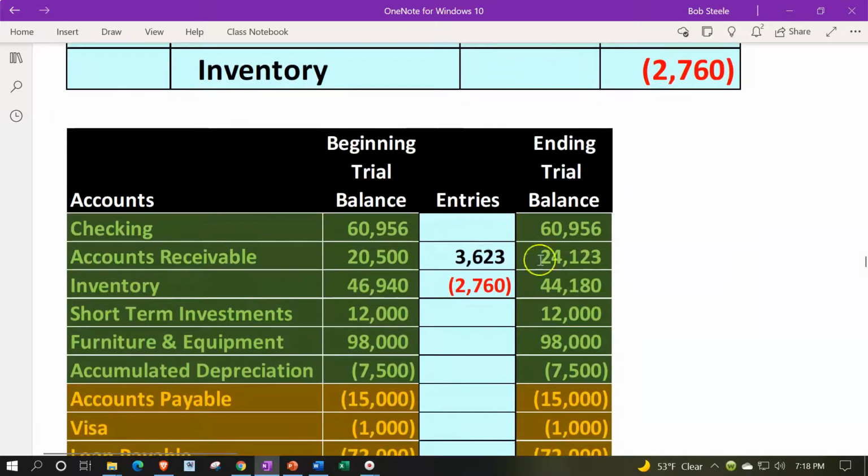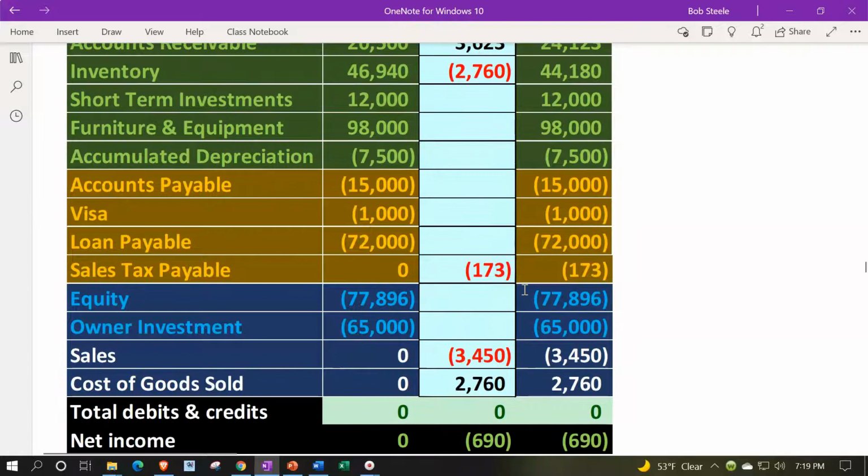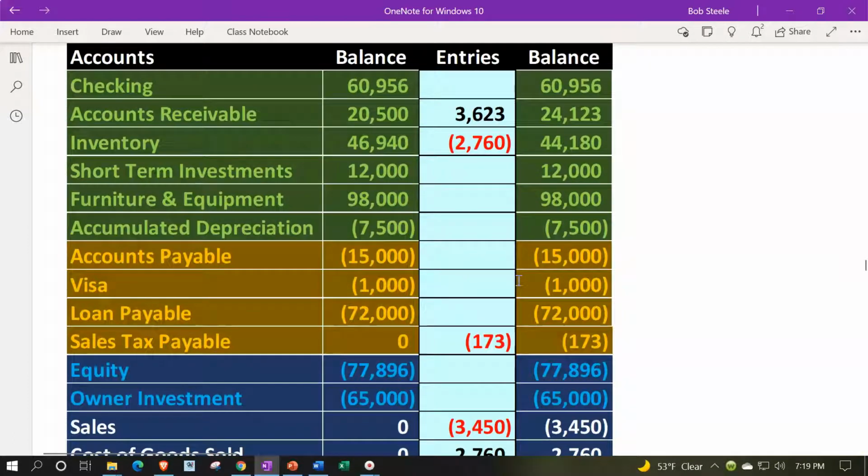So if we go down, we can see the accounts receivable here was at 20,005. It's going up by the 3,623, the full amount of the invoice, to 24,123. We can see sales down here is going up in the credit direction, 3,450. And then we see the difference going to the sales tax payable of the 173.